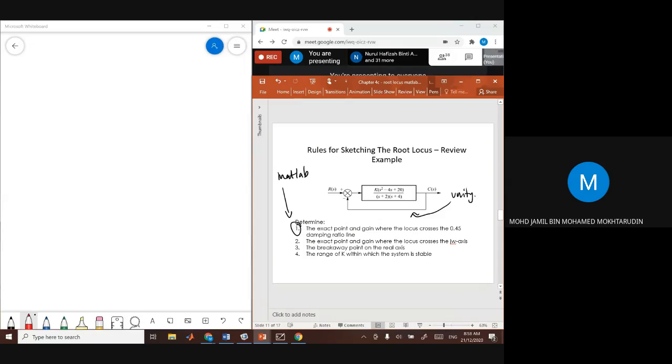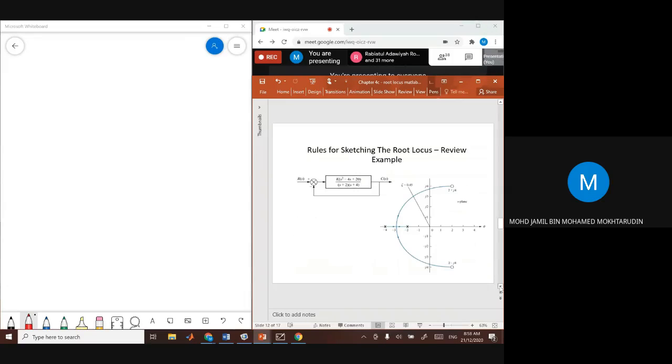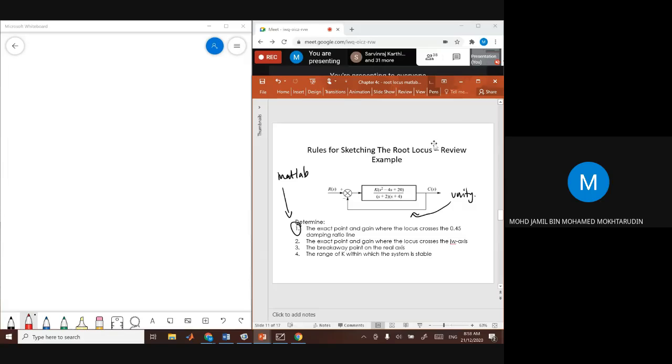And question number 2, the exact point and gain where the locus crosses the JW axis. Question number 3, the breakaway point. And question number 4, the range of K. So the question here doesn't ask you to sketch the root locus. Okay, so let's look at how we can answer questions 2, 3, and 4.